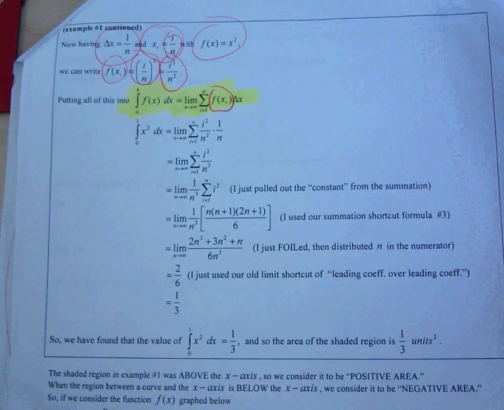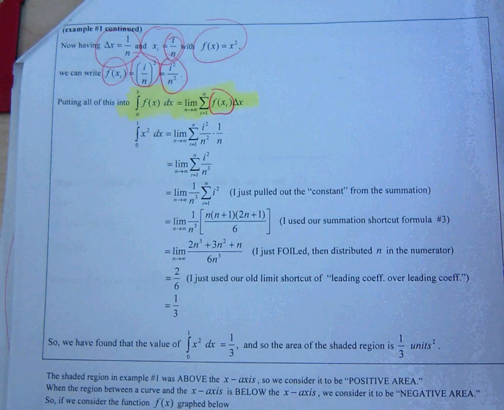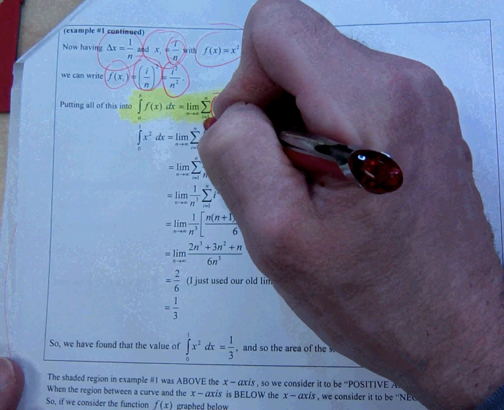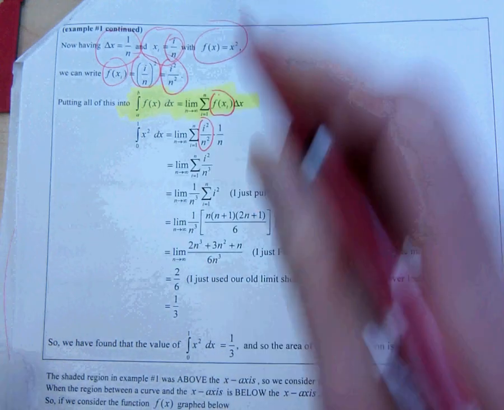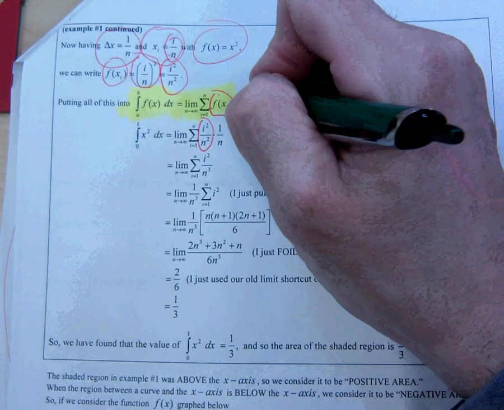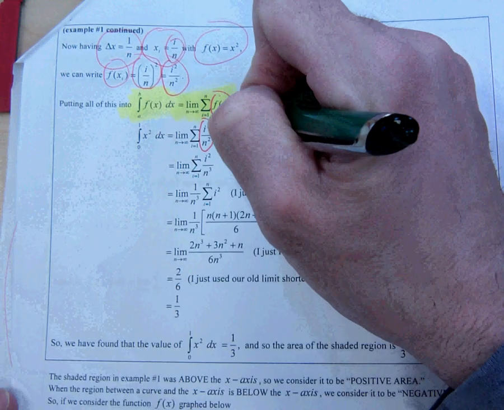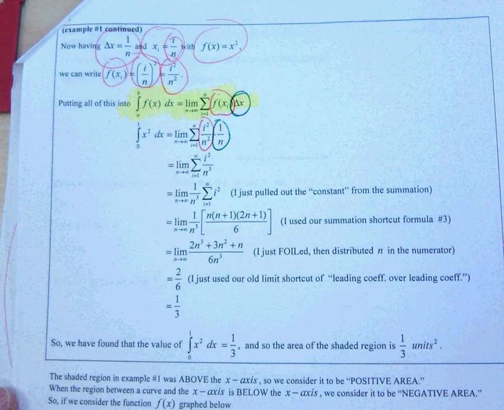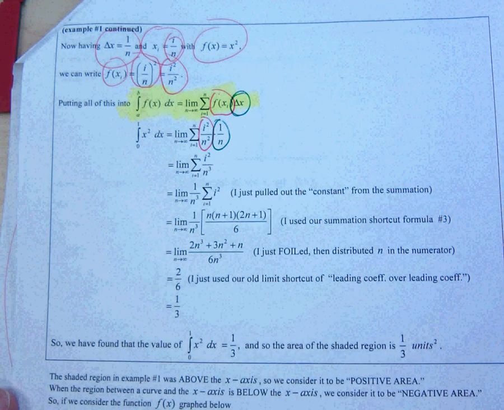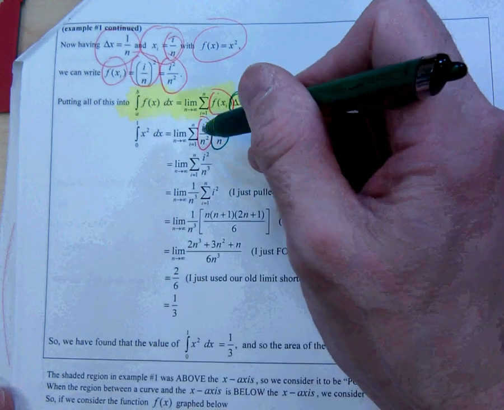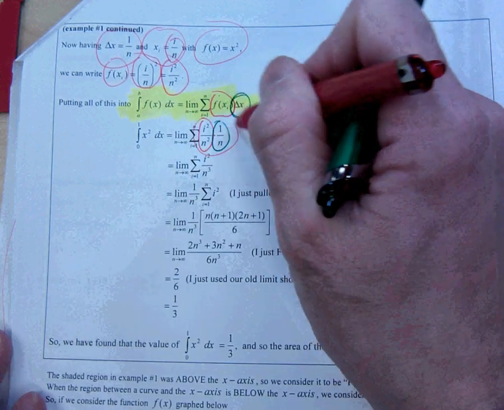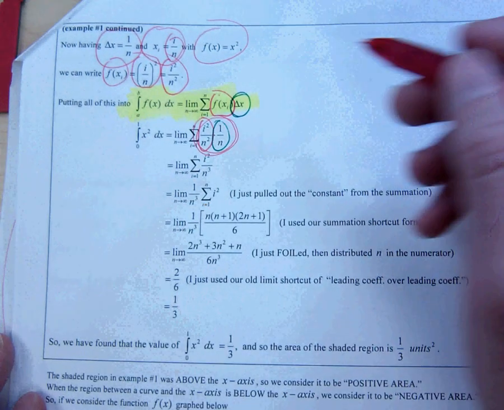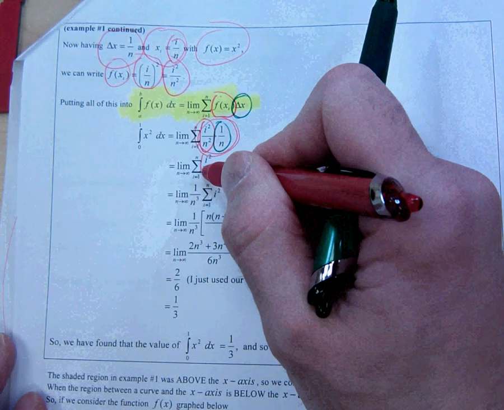Okay? All right, so here we go then. I can now replace f of x i with that. I can obviously replace delta x with what? 1 over n, right? Everybody agree with that? Everybody following me? And by the way, what do I get when I multiply those together? It turns into what? i squared over what? n cubed.